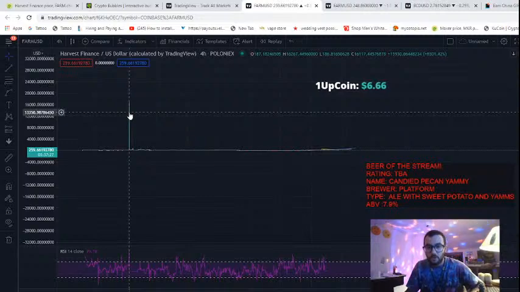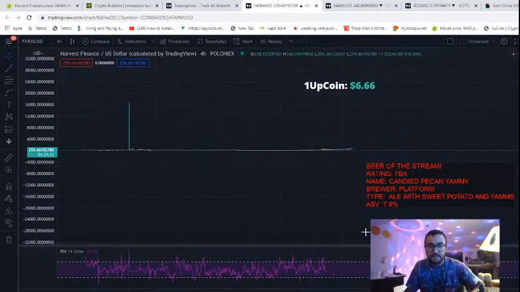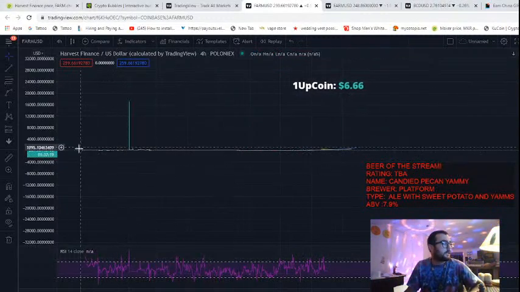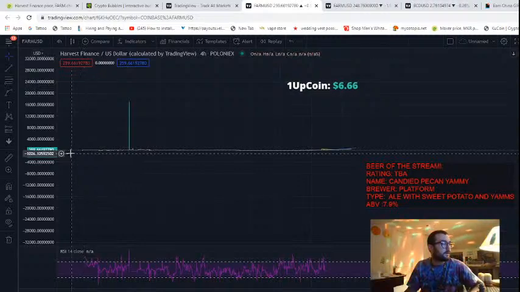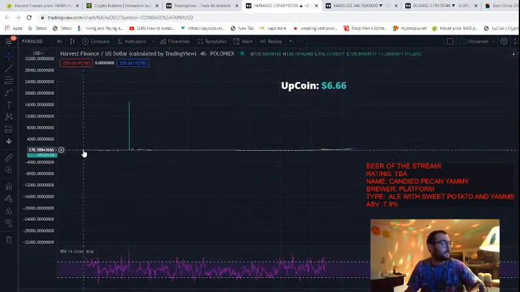That's just the exchange that it's on, but it's the same coin. It's farm token. It's just been on there for a few years instead of just newly on Coinbase.